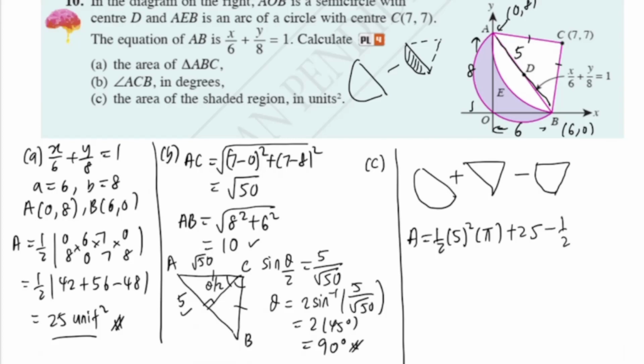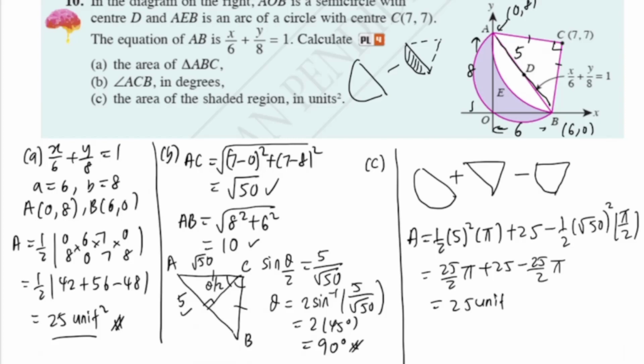Minus the area of sector, half times radius, which is square root 50, squared, and your theta is 90. 90 in radians is what? Pi over 2. Now, interestingly, this is 25 over 2 pi plus 25. Square root 50, you have to square it up, is 50. 50 divided by 4 is also 25 over 2 pi. Then you minus it off. Well, your answer is the same as the area of the triangle, 25 square units.